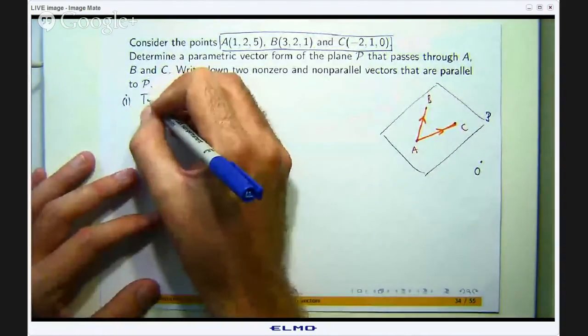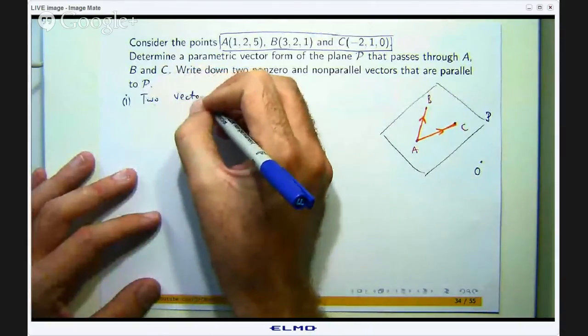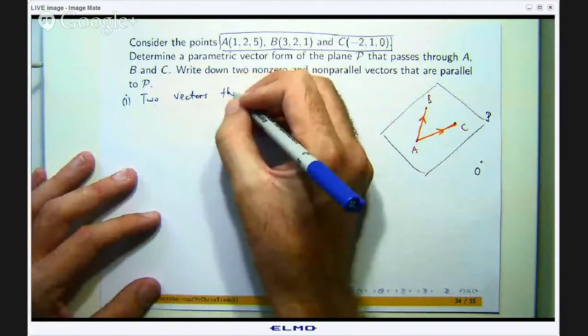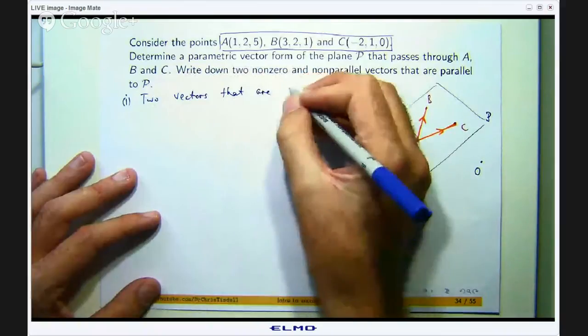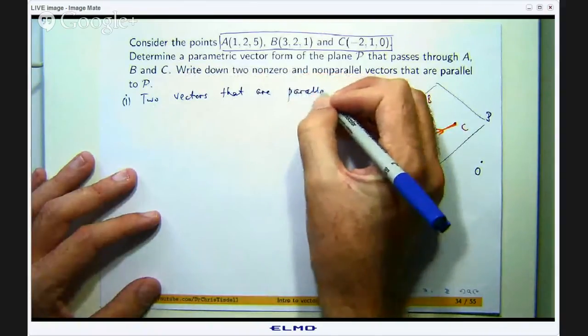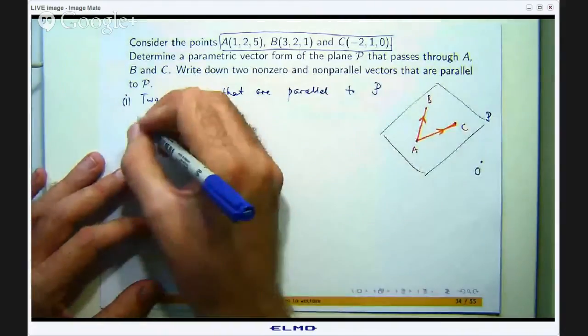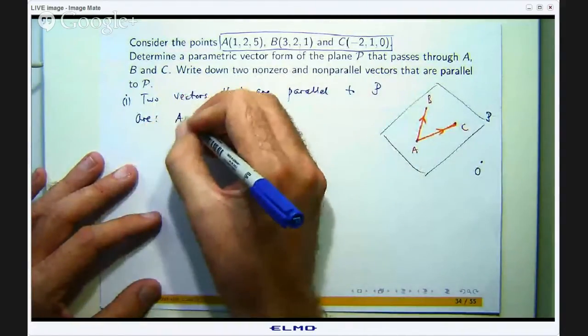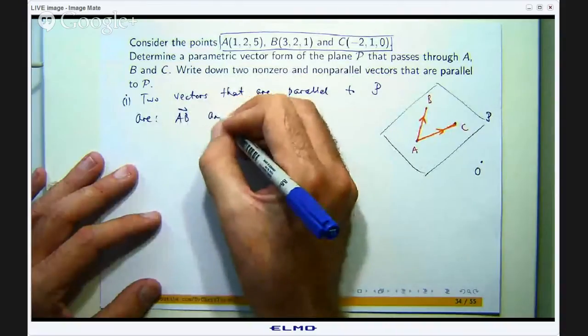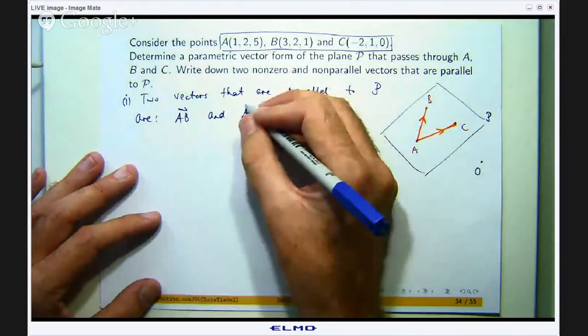Okay, so let's work through it. So 2 vectors that are parallel to the plane P are AB and AC. Now you don't have to choose those 2 vectors.